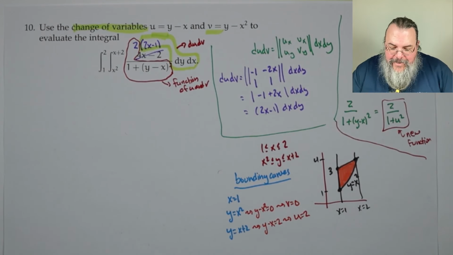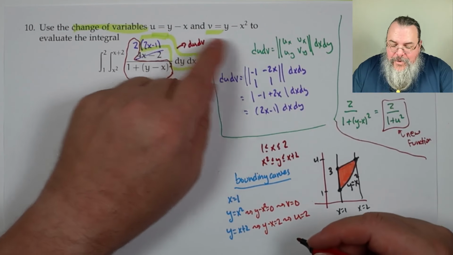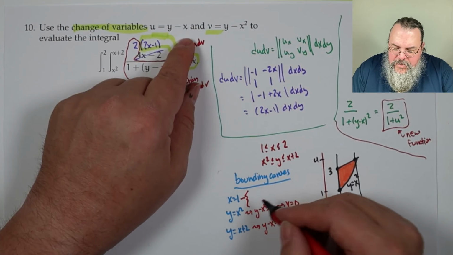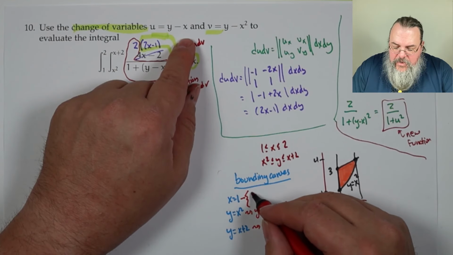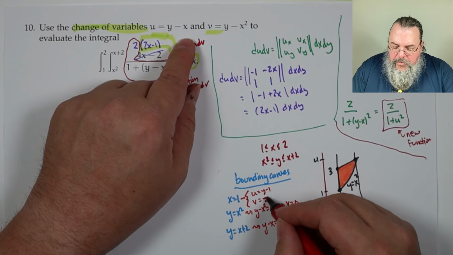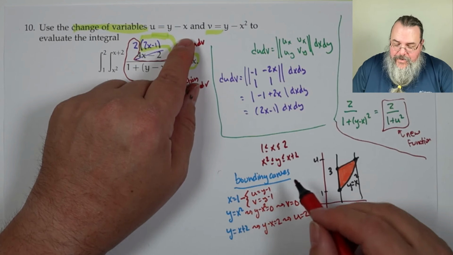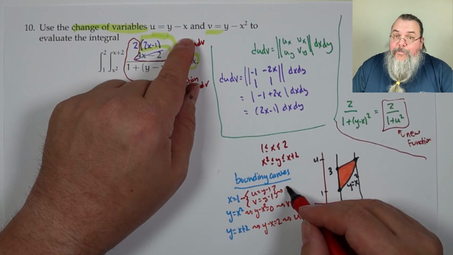And now the x equals 1. Not a lot jumps out, because both expressions involve x and y. So when in doubt, just plug in x equals 1 into this relationship. You get that u equals y minus 1, and v equals y minus 1. If u is y minus 1 and v is y minus 1, what does that tell us? It tells us u equals v.